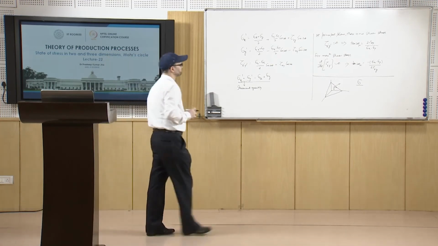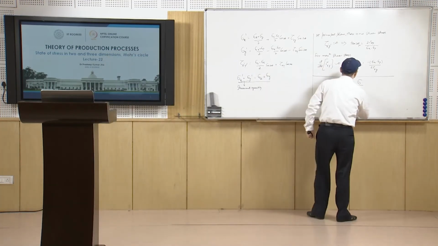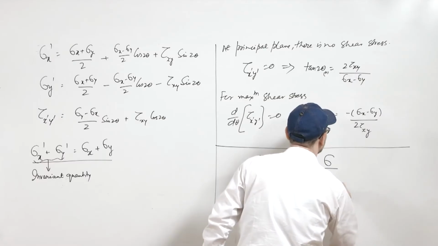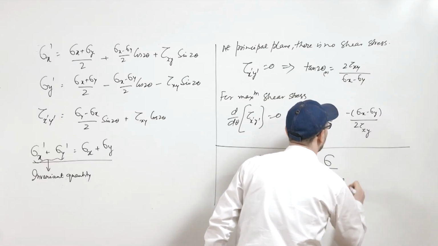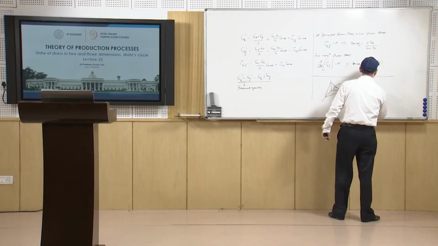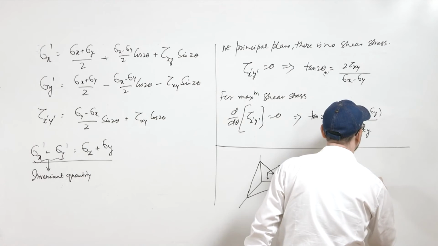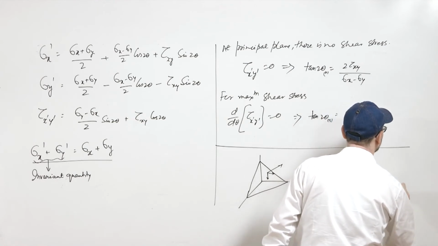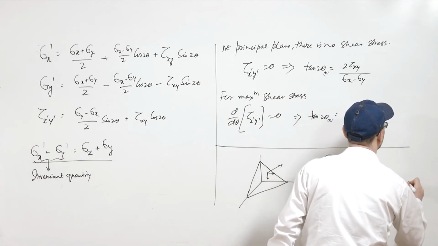So, you will have (sigma minus sigma x) l, then minus tau yx m, minus tau zx n, that will be equal to 0.